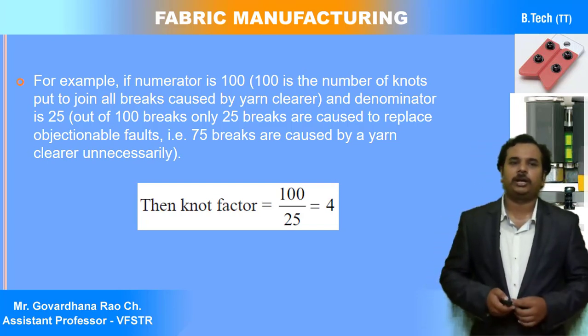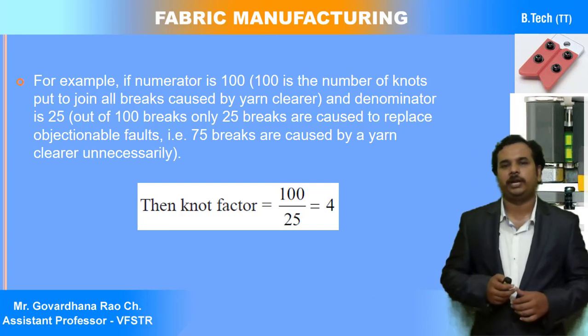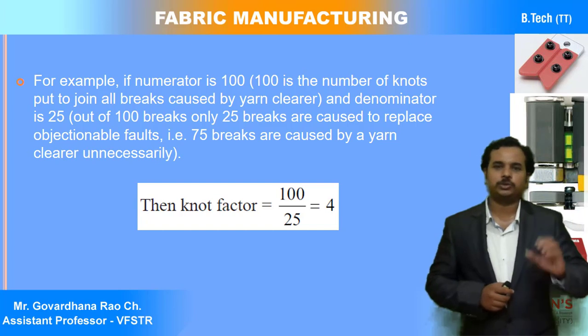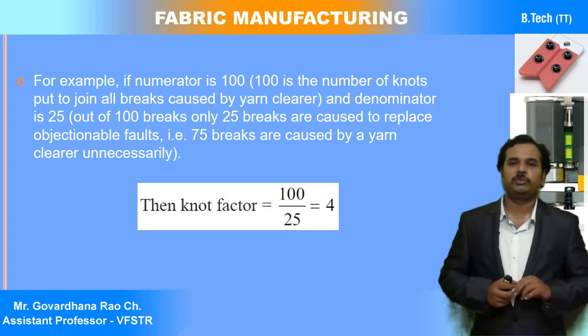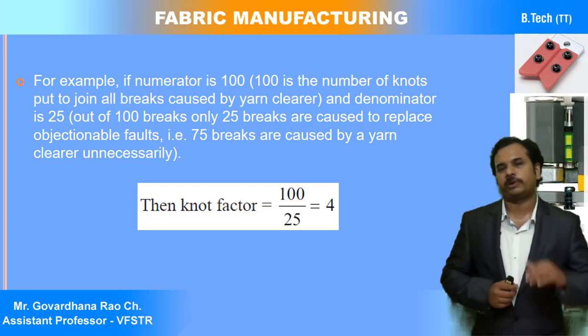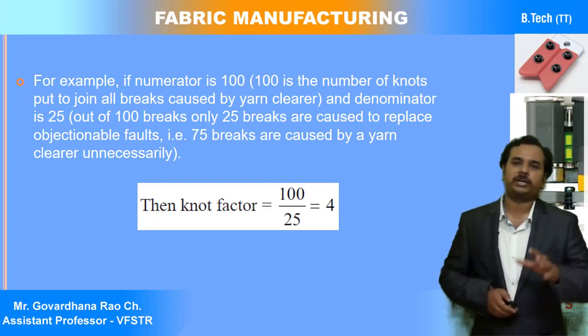In the denominator, 25 out of 100 breaks are caused to replace the objectionable faults. So 25 objectionable faults are removed from the 100, and your knot factor is 4.